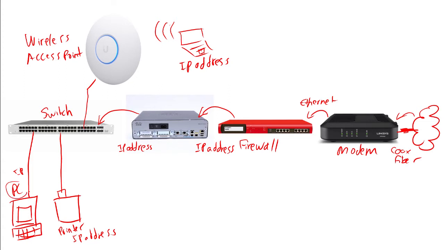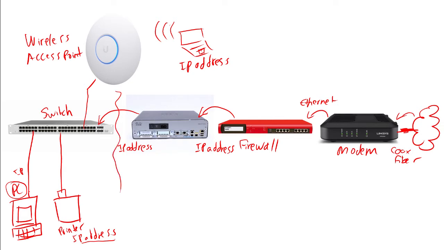The PC sends a message to the printer, and that uses the IP address of the printer, and that hits the switch, and then the switch says, oh, well, the printer's on this port, I'm going to send the traffic here, and then you print the document. Now, the router's not involved, technically.